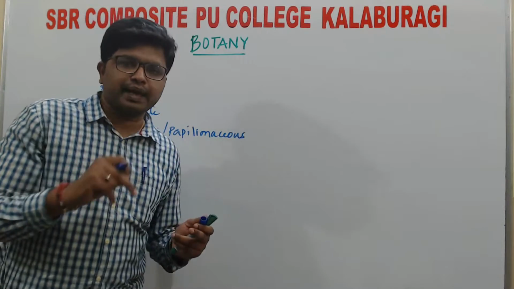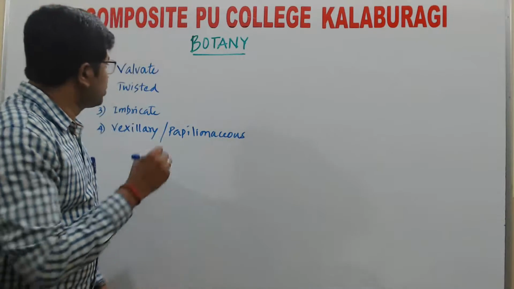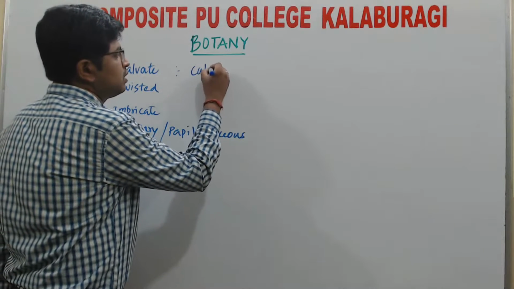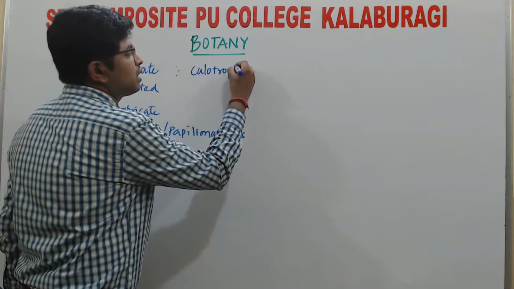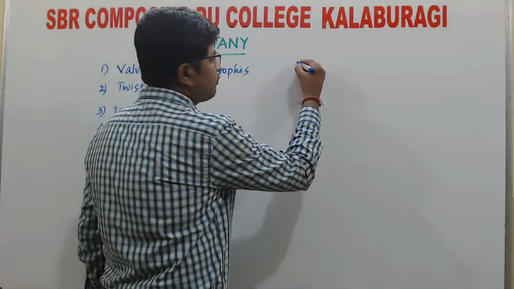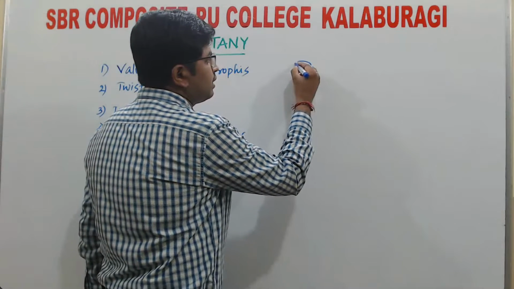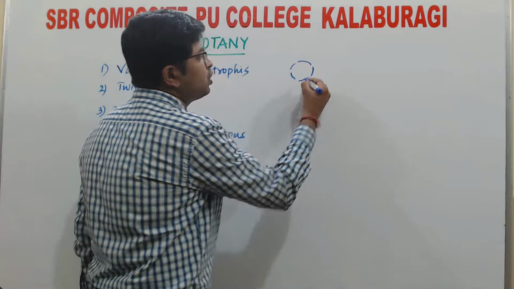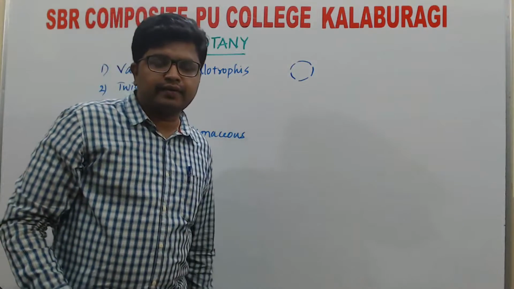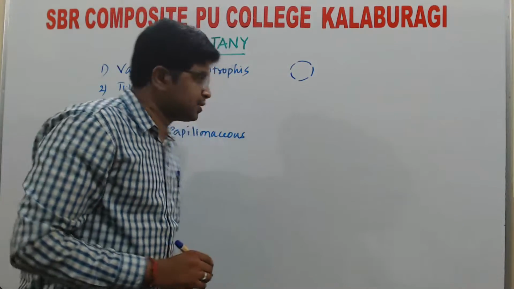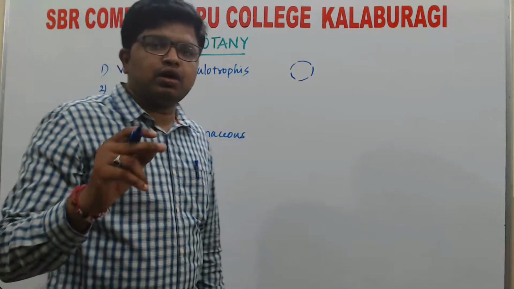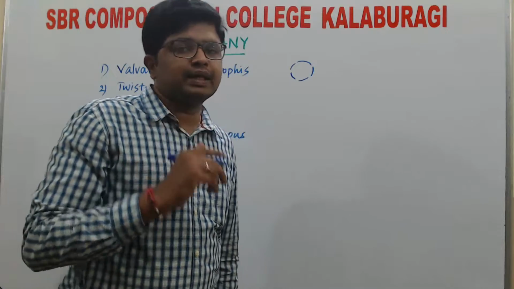Now, they follow a certain pattern which we have discussed yesterday. So what was the example I had said? Valvate, you can consider Calotropis. So what will happen in valvate? The margins of the petals touch each other, but they don't overlap. Such we call valvate, and it is generally observed in Calotropis. Twisted, here the overlapping is seen.